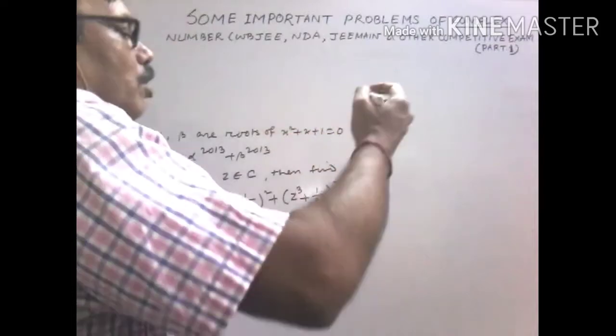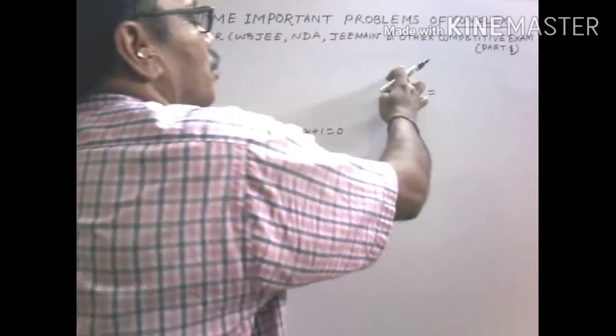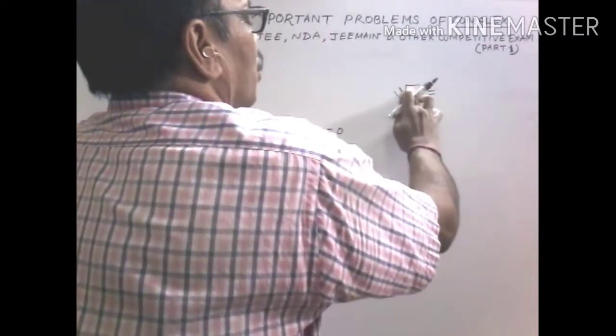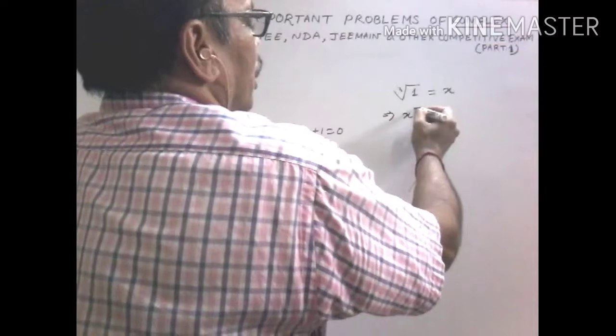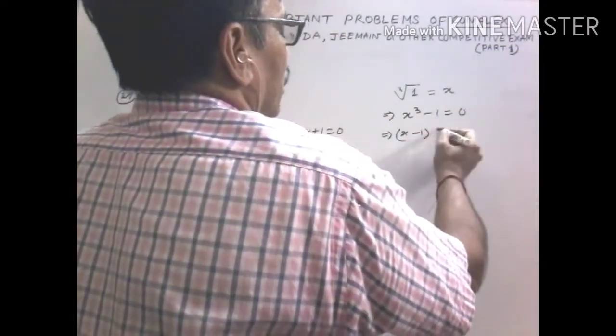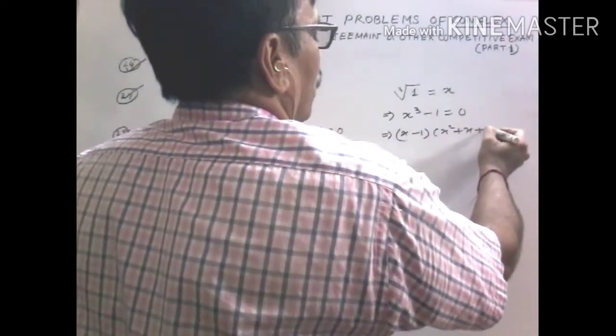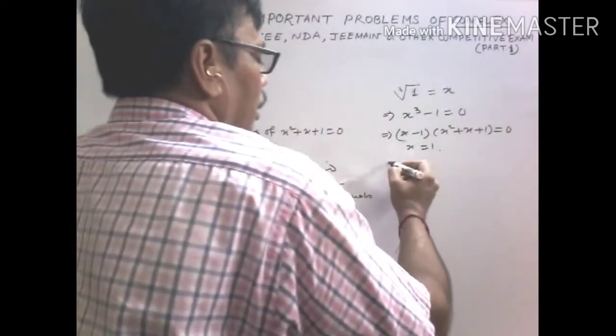So cube roots of unity we know. Cube root of unity means x cubed equals 1. All of you know it, try to recall. So x minus 1 into x square plus x plus 1 equals 0. So one real root, this is 1.